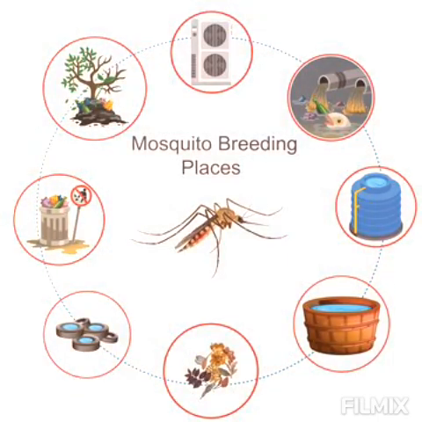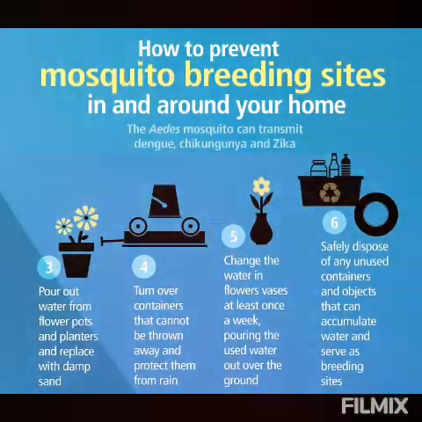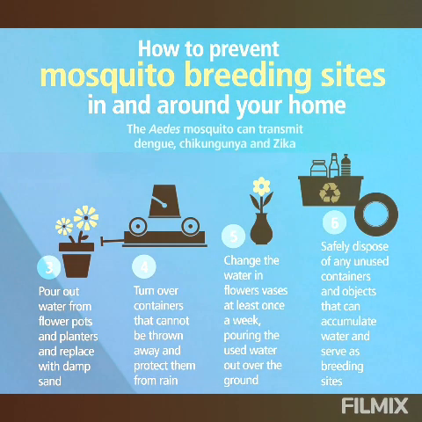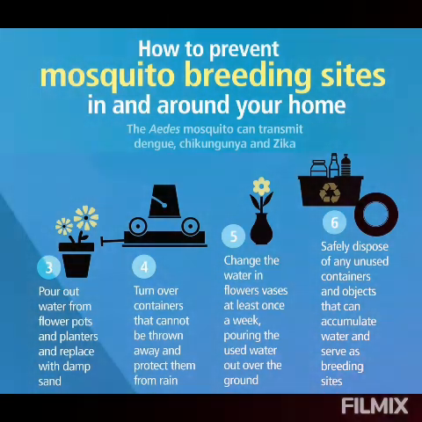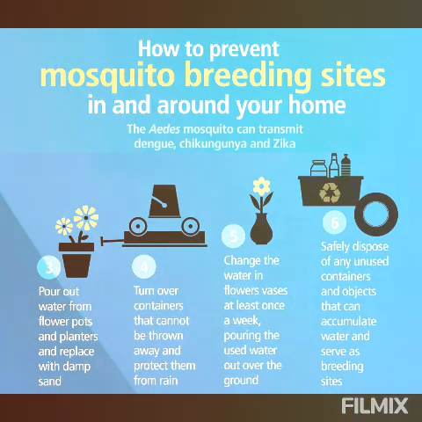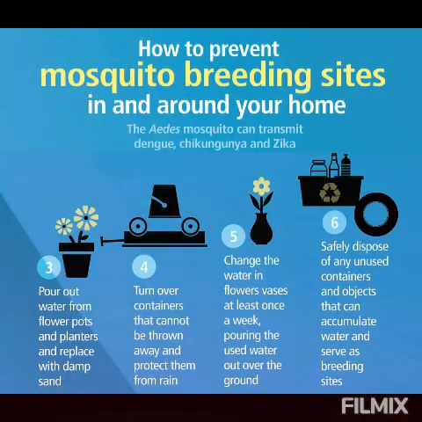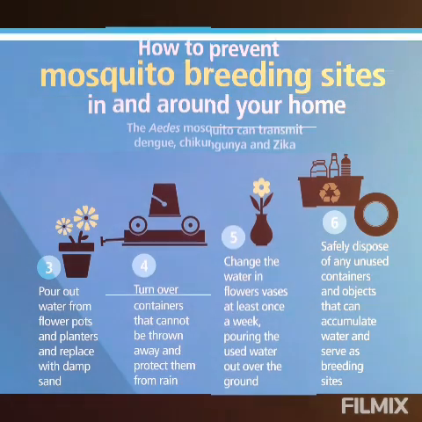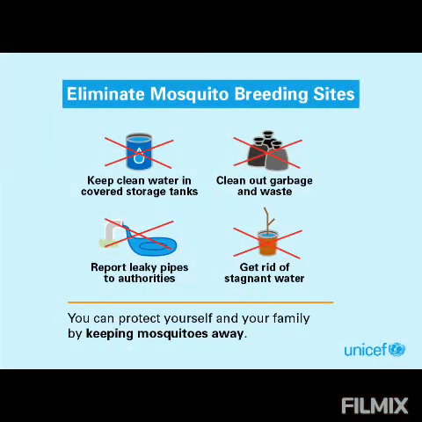Third, destruction of larvae and pupae of mosquitoes. It is easier and more convenient to kill the aquatic larvae and pupae than the winged adult of mosquitoes. A. Proper drainage.